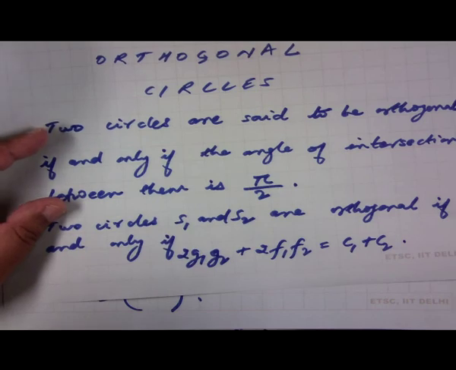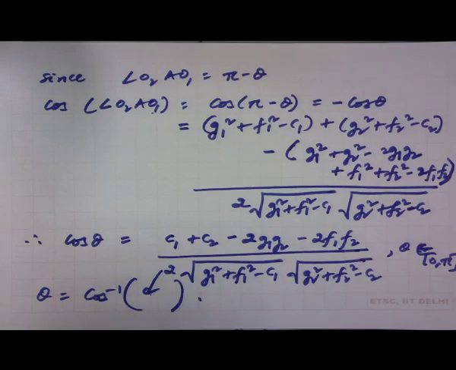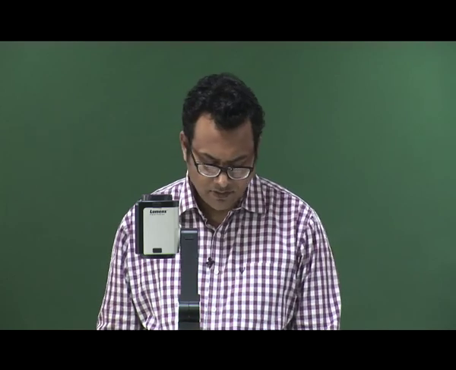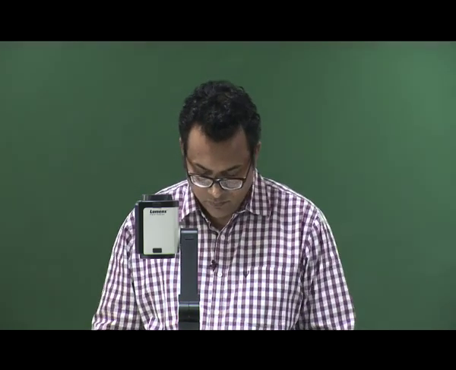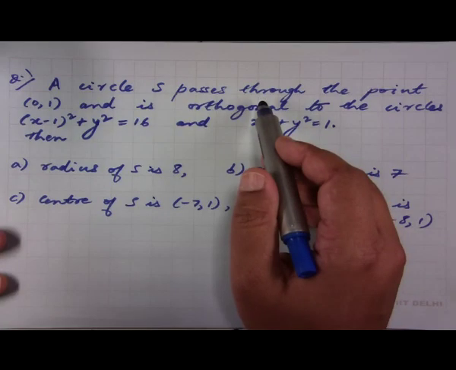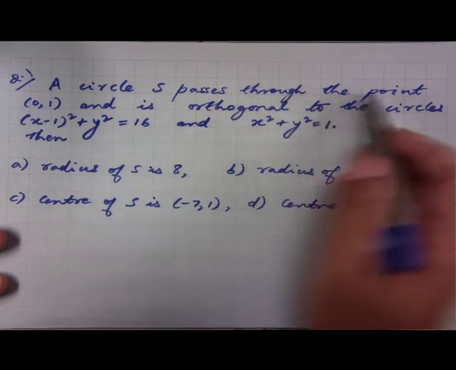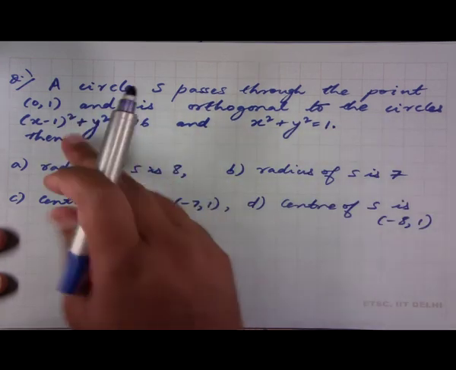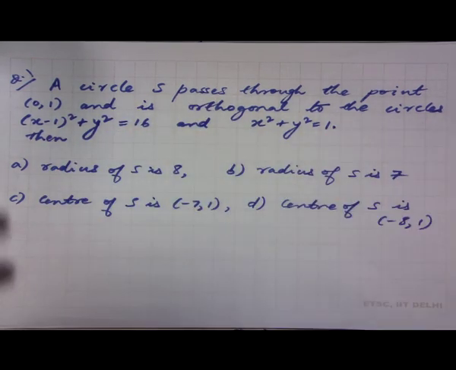So, let us take a couple of questions to make this concept a little clearer. So, here is the first question. It is said that a circle S passes through the point (0, 1) and is orthogonal to these two circles.